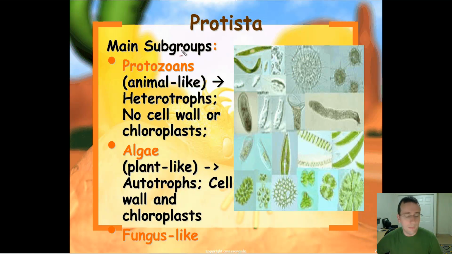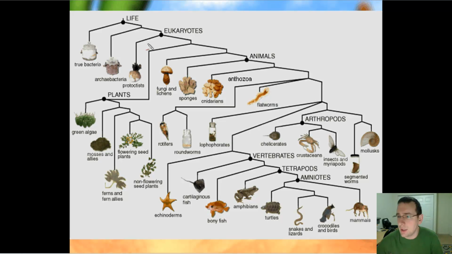And there are also fungus-like protists like molds or water molds, which are external heterotrophs. And we'll talk more about what that means when we talk about fungus. But yeah, I wanted to remind you that there are also fungus-like protists. So let's go back here again on our tree of life. So if you have the protists, a majority of them are going to be organisms which are not necessarily part of the animal branches or anything like that.